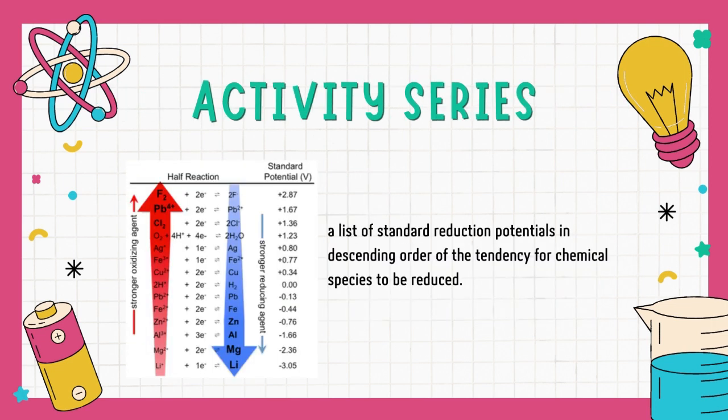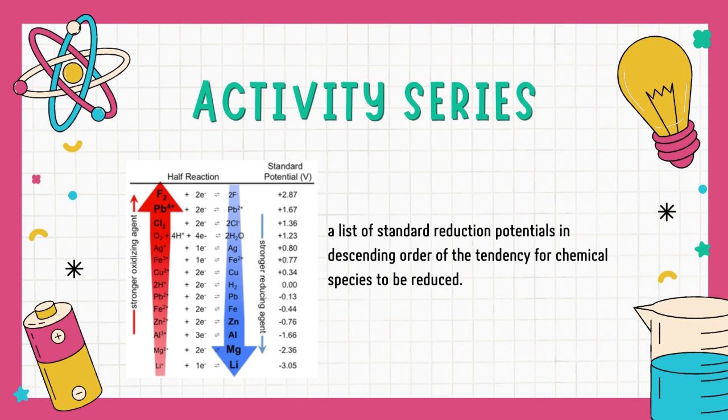Next, when solving for the standard cell potential, the species oxidized and the species reduced must be identified. This is with the help of the activity series. It is a list of standard reduction potentials in descending order of the tendency for chemical species to be reduced.